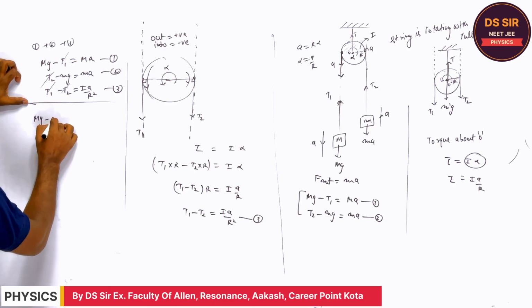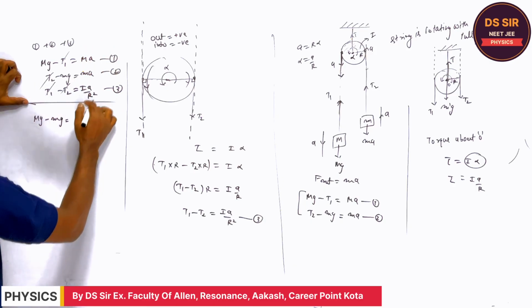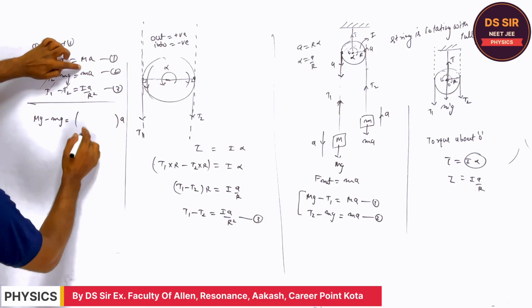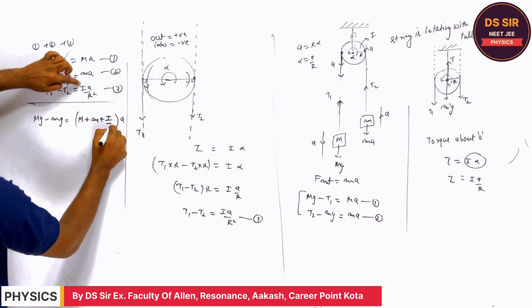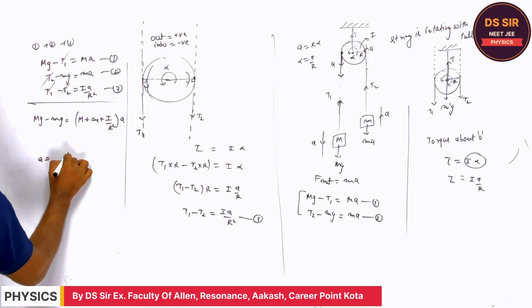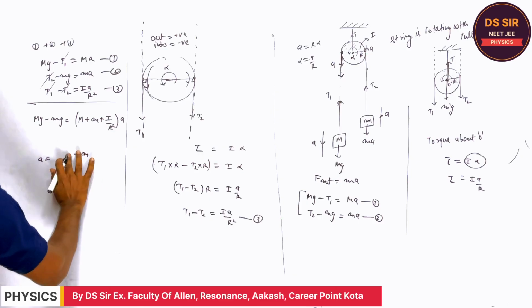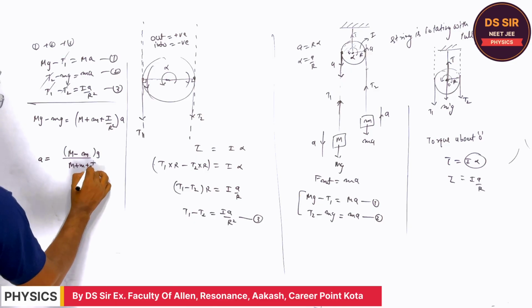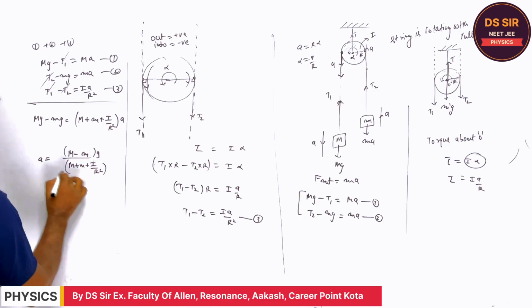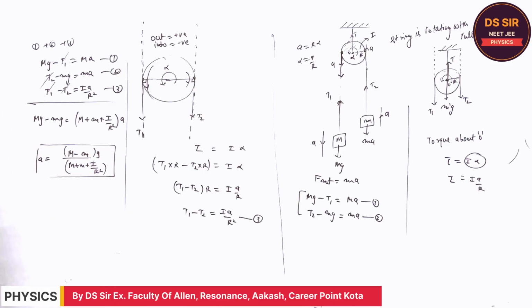So Mg minus small mg, and a is taken as common: capital M plus small m plus I upon R square. Therefore a will be equal to (M minus m) g upon (M plus m plus I upon R square). So this is the acceleration of the system.